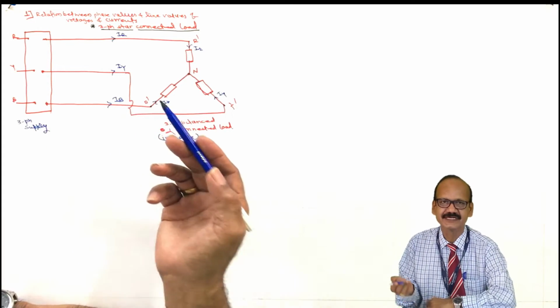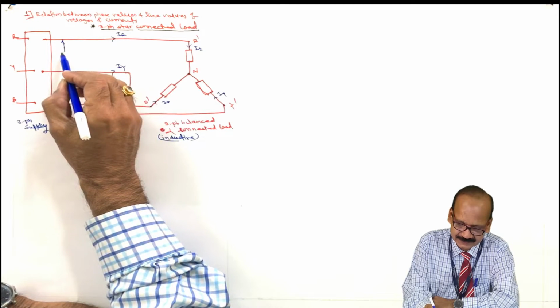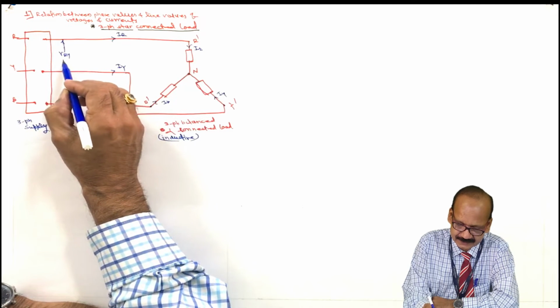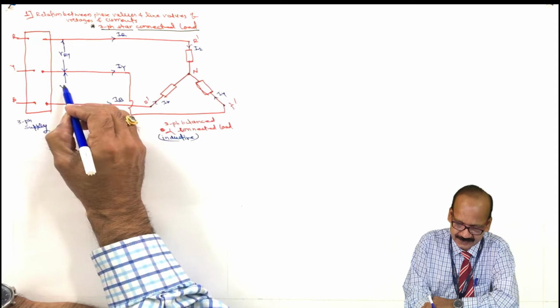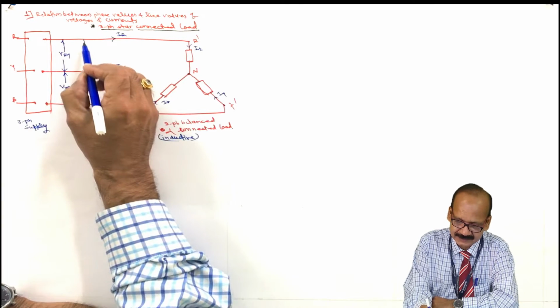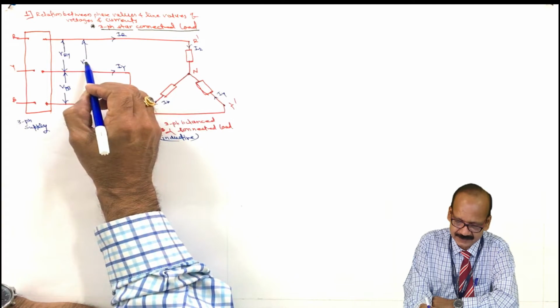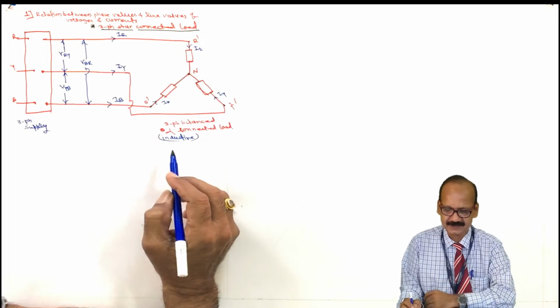So these are the phase currents. Then the voltage between any two lines is known as the line voltage. So this is between R and Y, this is VRY. Then between Y and B, VYB. And between B and R, it is VBR. This is as per the phase sequence RYB.